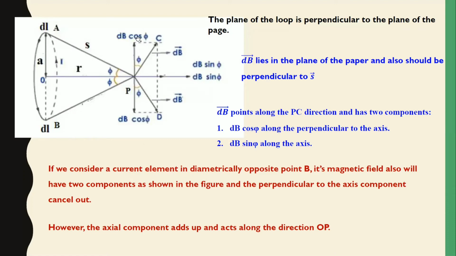So from these two, dB cosine phi cancels out, and the axial components add up. So we have dB sine phi due to this one, and dB sine phi due to the current element dl at the point B. So the axial components add up and act along the direction from O to P. Along this direction the axial component acts, that is dB sine phi.